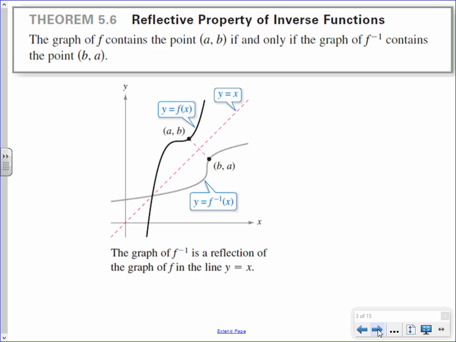As you can see, when we draw the inverse graph, we have that reflection about y equals x. If you took notes on the warm-up slide, then you have all of this written down. If you don't, you may want to at least write down that if AB is on F, then BA is on F inverse. That's going to be important when we get to our calculus work.